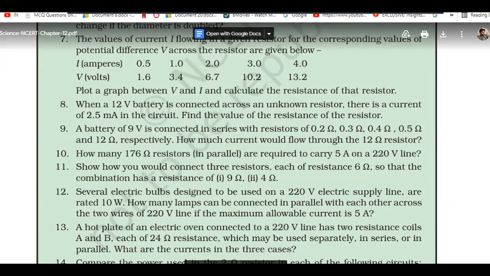I got 4.8 into 10 to the power of 3 ohm. Very, very good. Is it correct? Yes, absolutely correct. Do question number 10. Try to do this. It will be according to everything that has been taught so far. It is a very simple question, try it.